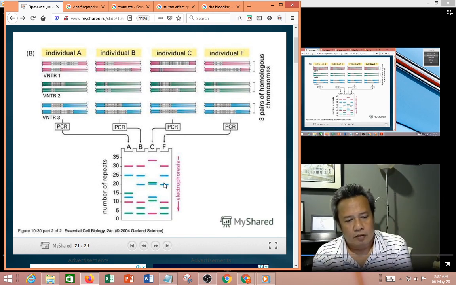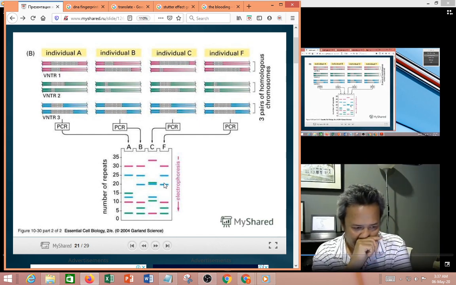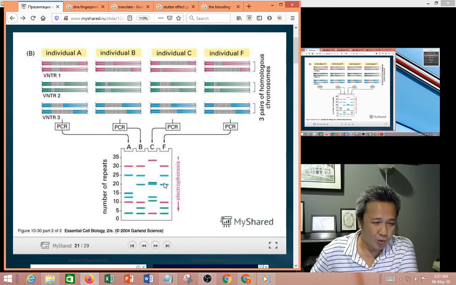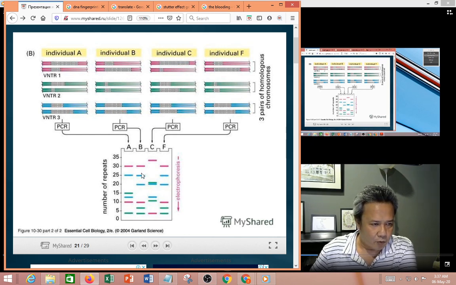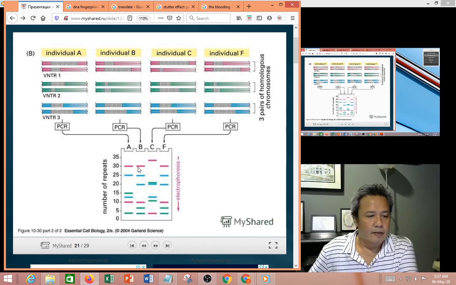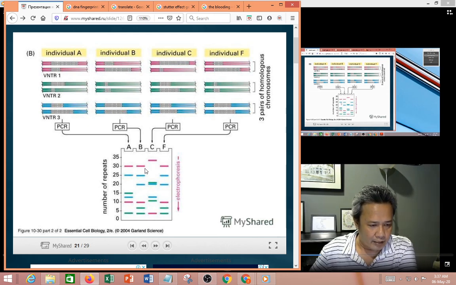Now you see from this, if you're trying to determine whether there's a match between F and either A, B, or C, for one locus, the red locus, A matches and B matches as well. But if you go further, for the blue one, B matches but A does not match anymore. And for the green one, B matches, again A does not.